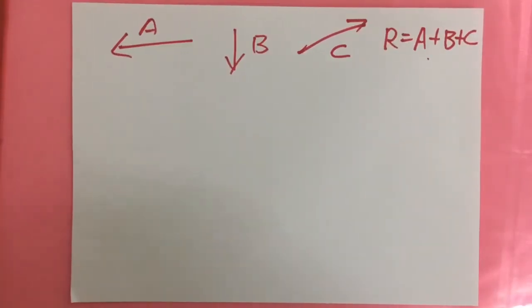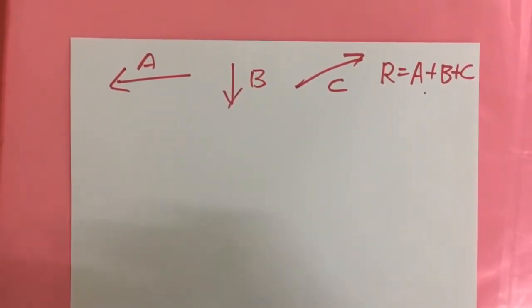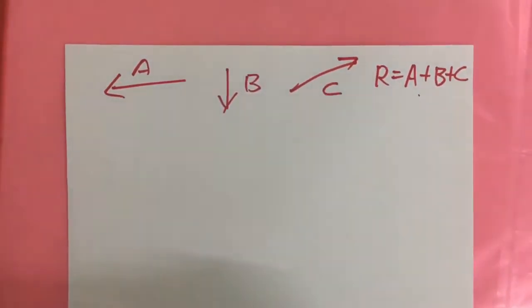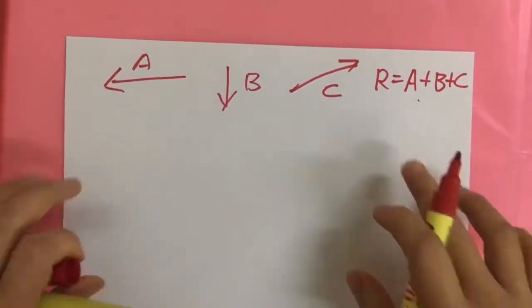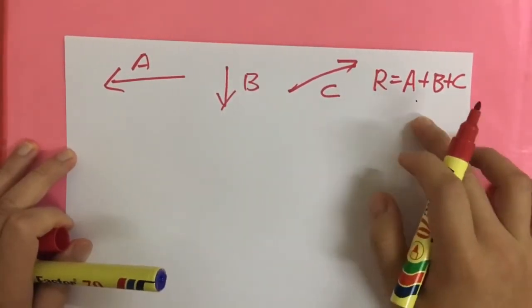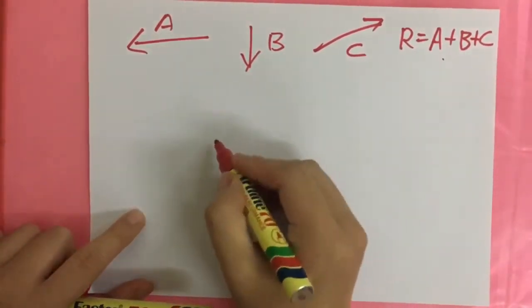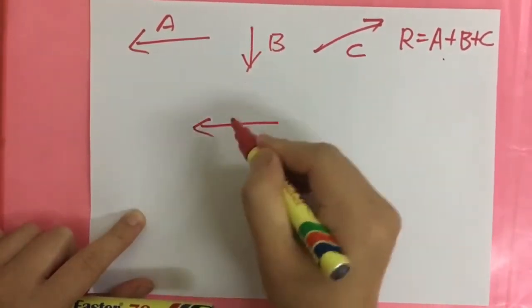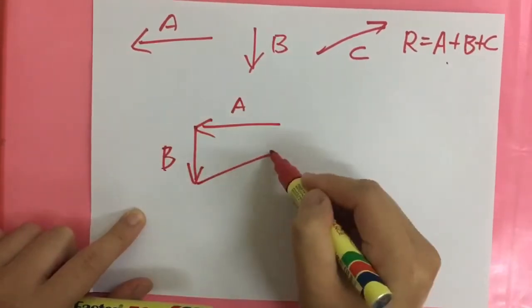So I have another example with 3 vectors: A goes to the negative x-axis, B goes to the negative y-axis, and C is inclined, going upwards. Our resultant equation will be R equals A plus B plus C. So how do we find the vector R? First we start off with A, same as previous, then B, then C going upwards.